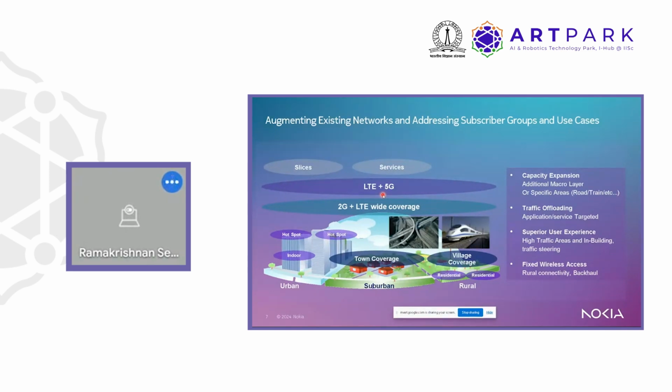So these are all the points that CSPs look at from a strategy angle, because it all involves an investment as well. The other topic is the superiority in user experience. If I use the existing network and just augment it with 5G, do I give the user experience that is needed? Or otherwise, I need to completely go in for a 5G overhaul.